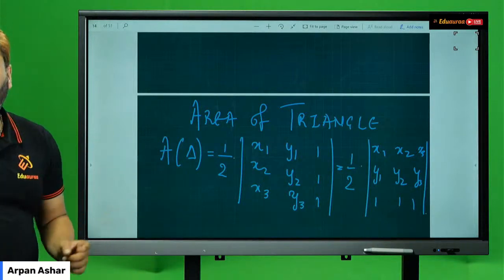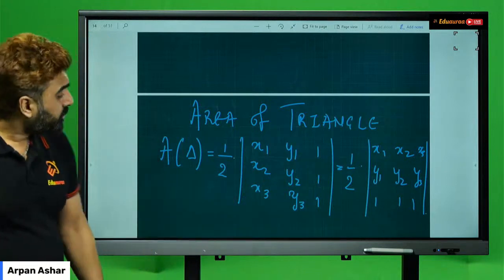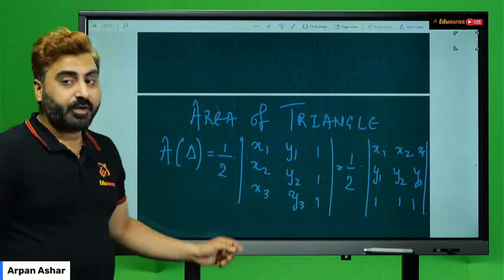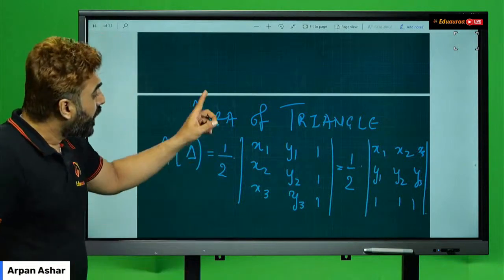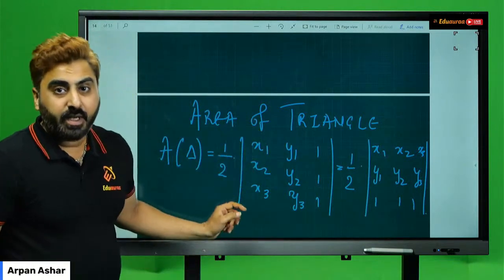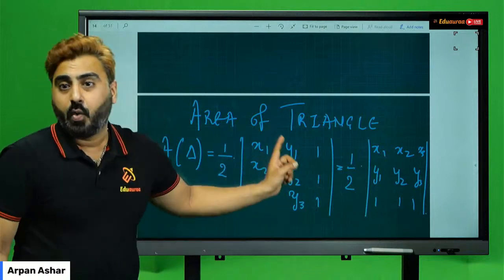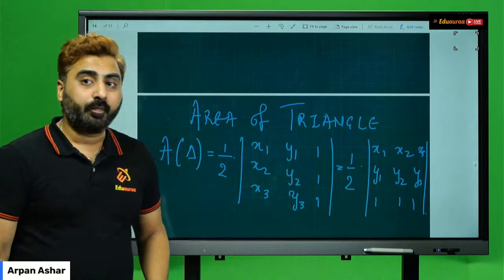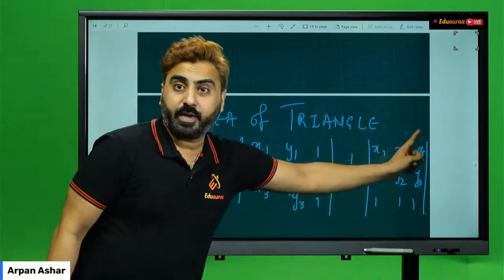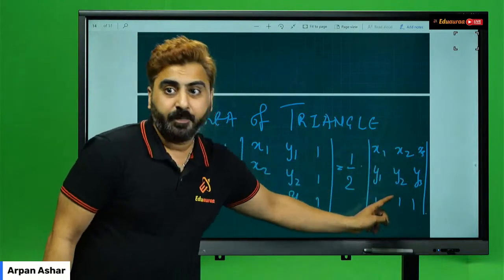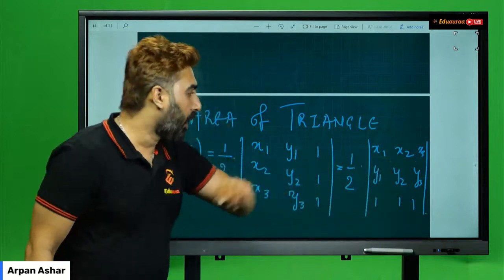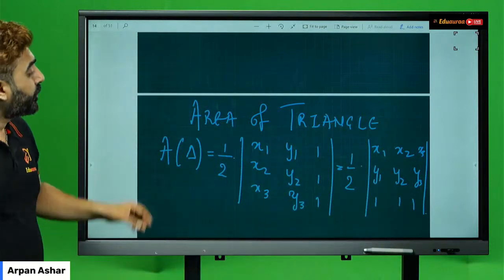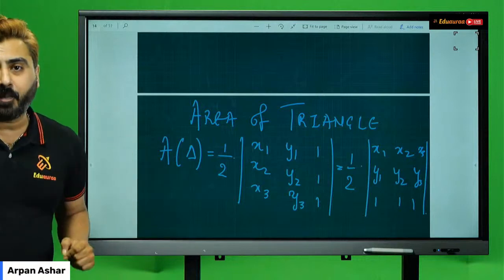So students, what is the formula? The area of a triangle is equal to half into the determinant of x1 x2 x3, y1 y2 y3, 1 1 1, and it is also equal to half into the determinant of the interchanged form. And this is how we find the area of a triangle using the determinant form.